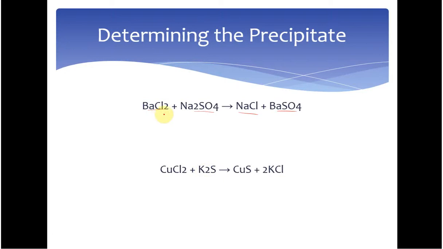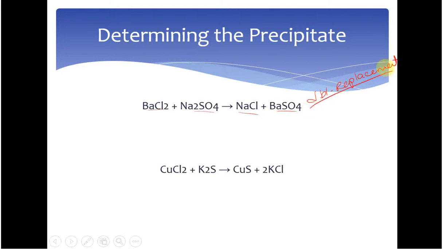It can't be decomposition because you have two reactants instead of one breaking apart to two. It's not combustion because you're not reacting with oxygen to form CO2 and water. And it can't be single replacement because you don't have a compound and an element. These are both compounds. So this must be double replacement.